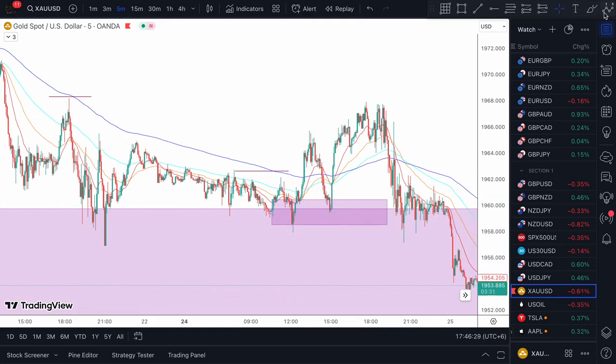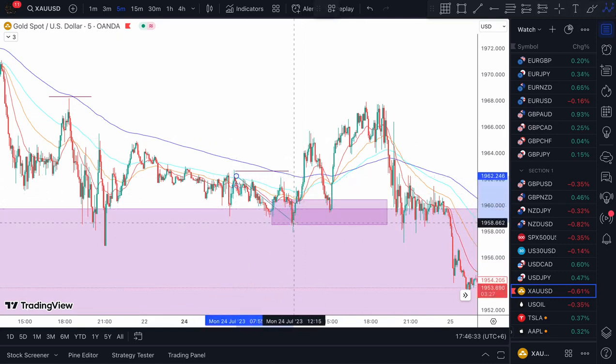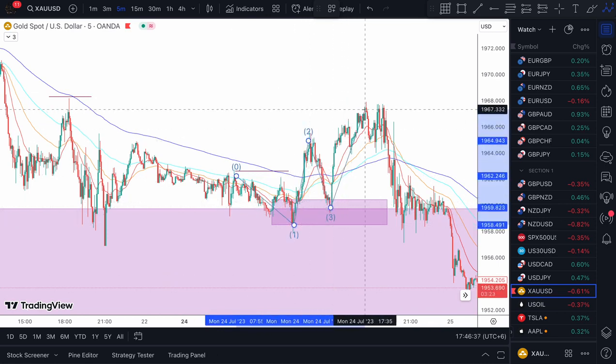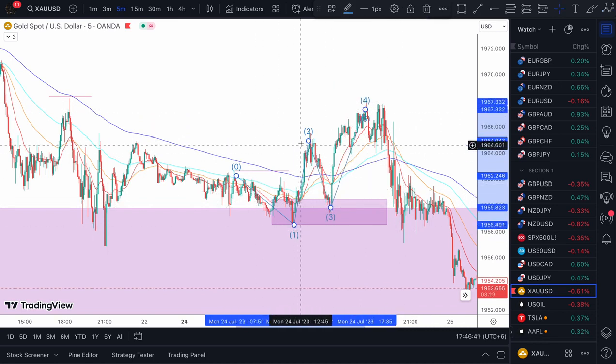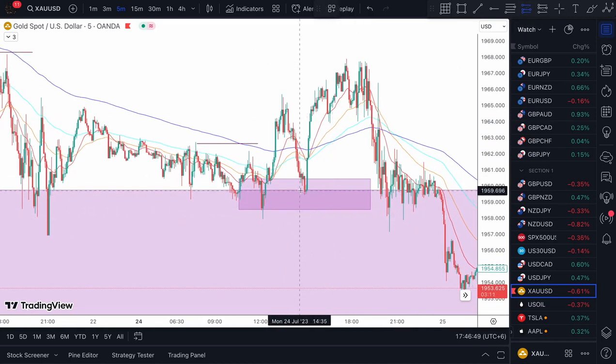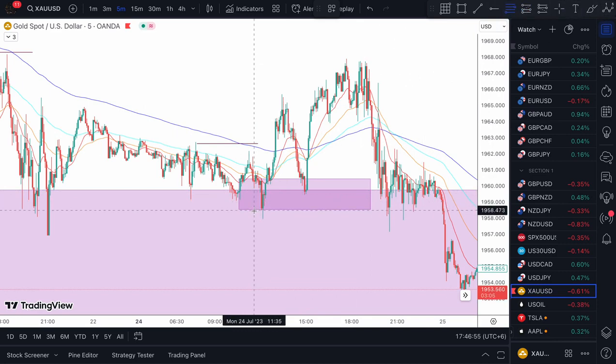So look, you see it, market broke the structure, came to the zone, moved up. Even though this would be a break even, or maybe you'll just make something out of it. So how do you place your entry? Your entry needs to be placed the way I place it.